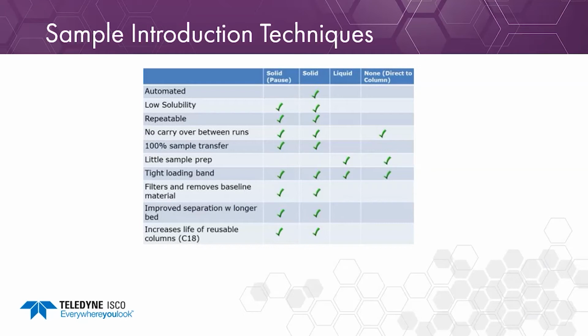There's no carryover between runs, and it's 100% sample transfer. You're not losing anything. You don't have to push any solvent through afterwards to inject it. It gives you a nice tight loading band, filters and removes baseline material, and offers improved separations with a longer bed because you've increased the amount of media there. It also increases the life of your reusable C18 columns.